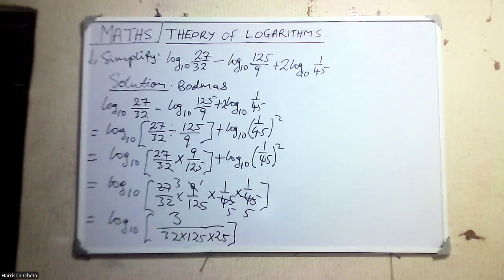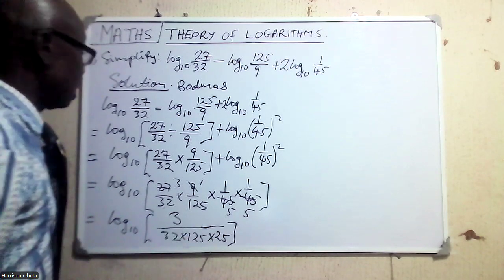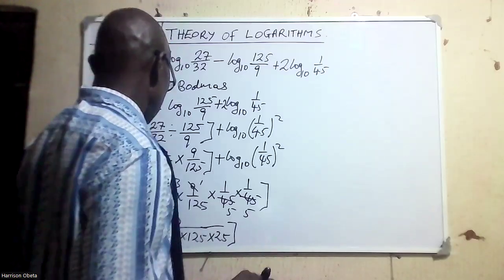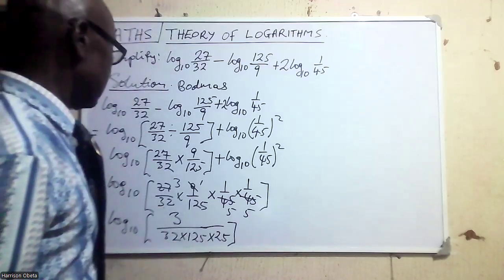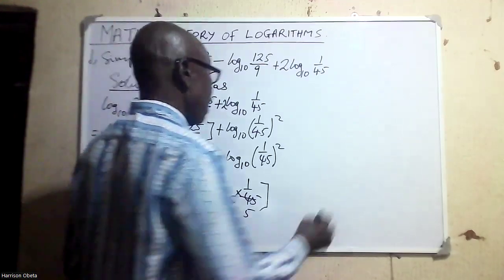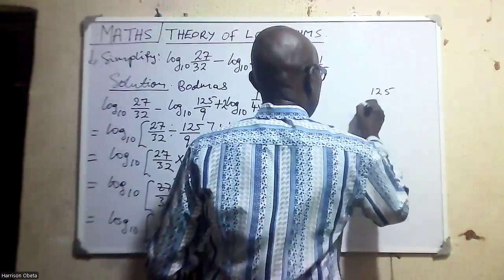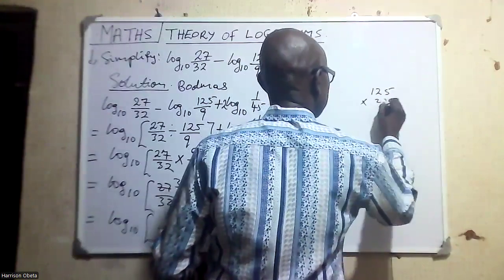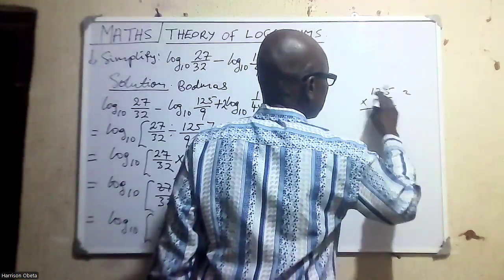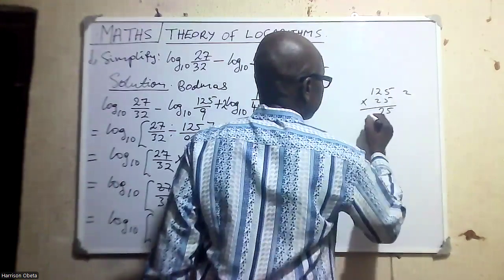So, in order to continue, we have to multiply through. Since there's nothing that can divide, we have 125 by 25. This is 5 times 5, 25, 2. 10 plus 2, 12. 5, 6.